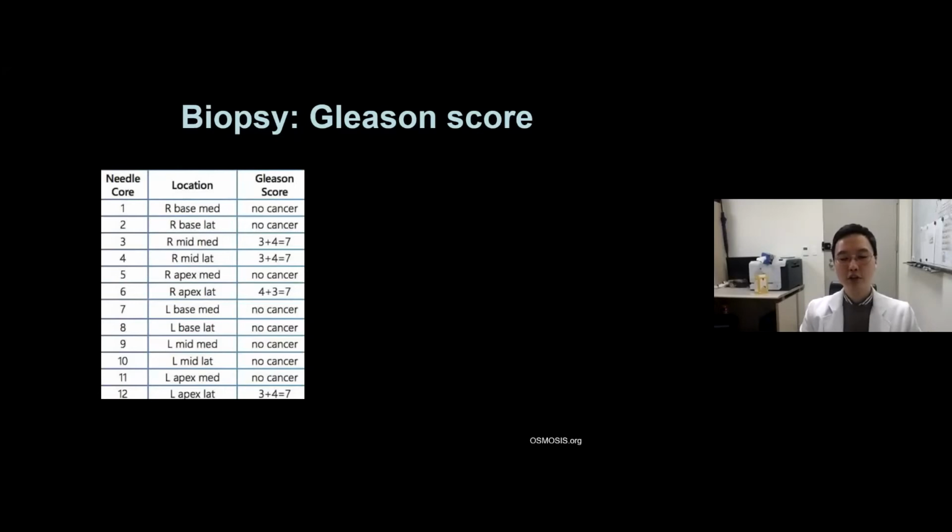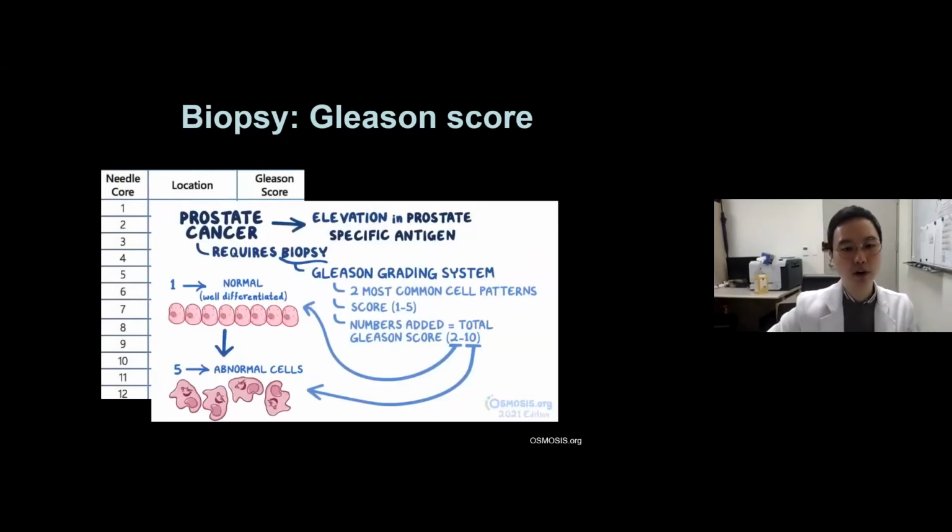So now you need to understand what the Gleason score is. The Gleason score is used by pathologists to grade prostate cancer. If the cancer cells and their growth pattern look very abnormal, it is graded at 5. According to their pattern and abnormality, it is graded from 1 as normal to 5 as very abnormal.